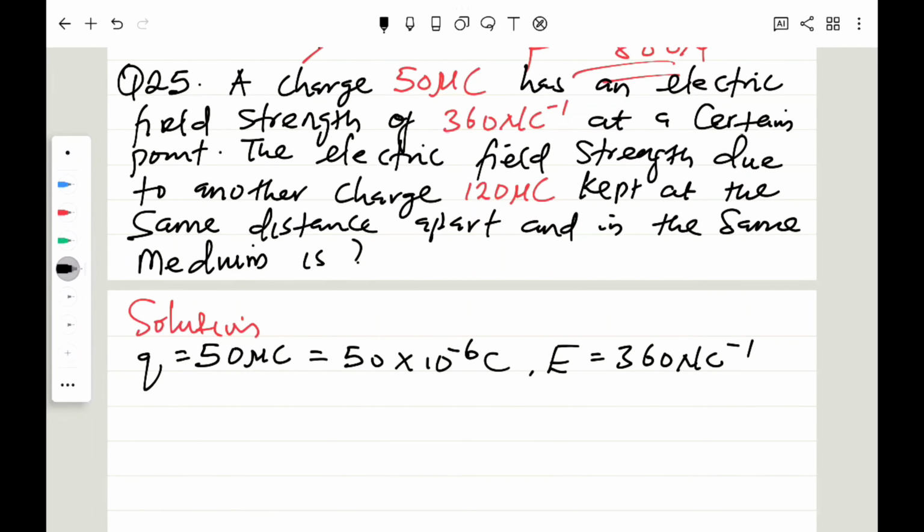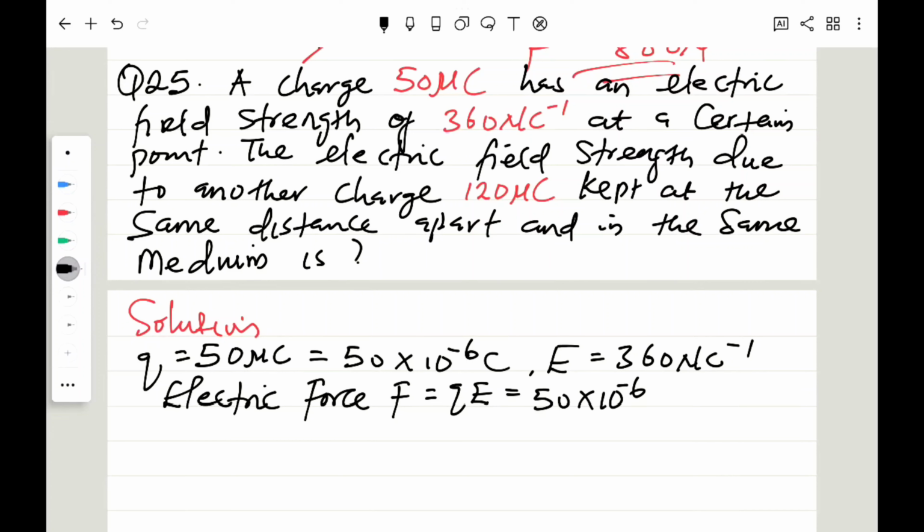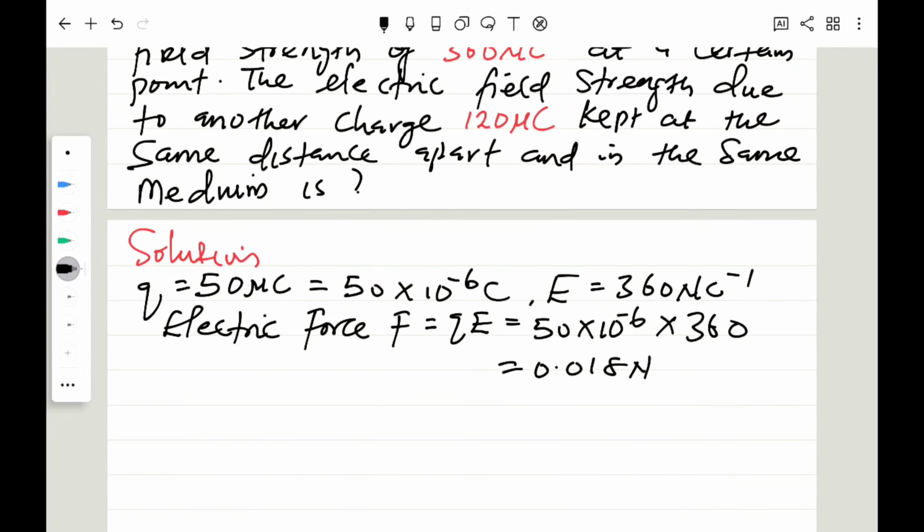So, what again is given to us? If you observe, our electric force F will equal QE and is equal to 50 times 10 raised to minus 6 times 360. So that this is equal to 0.018 Newton. Are you here?